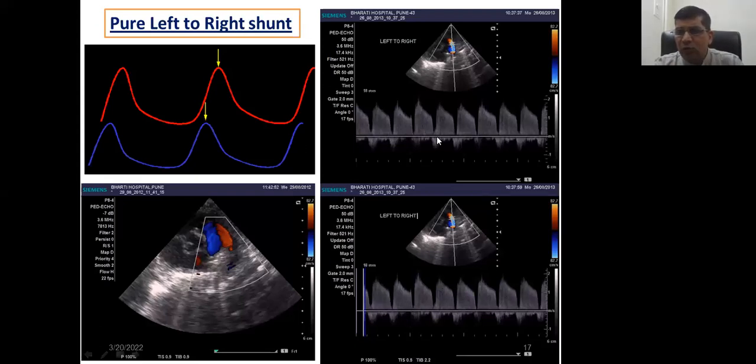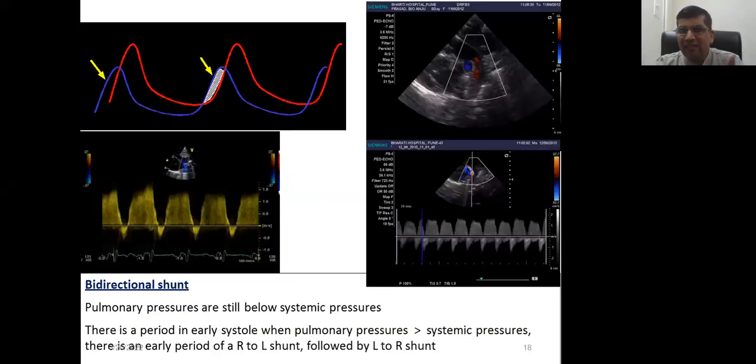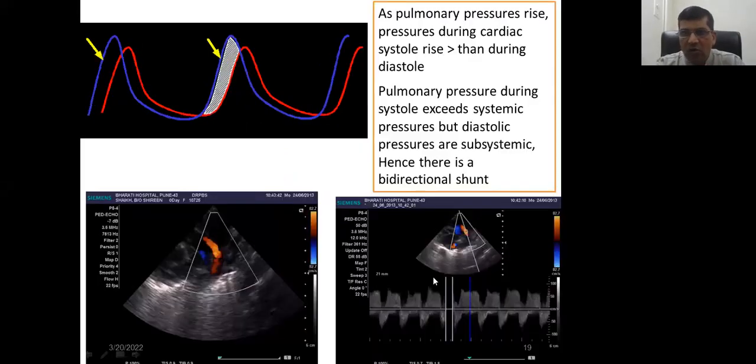When you see such left to right, that is a positive deflection. Left to right duct means the systemic pressures are always higher than the pulmonary pressure. That means you are not dealing with a case of pulmonary hypertension. That's your safe. But when you see a bidirectional PDA, this is left to right, this is right to left.